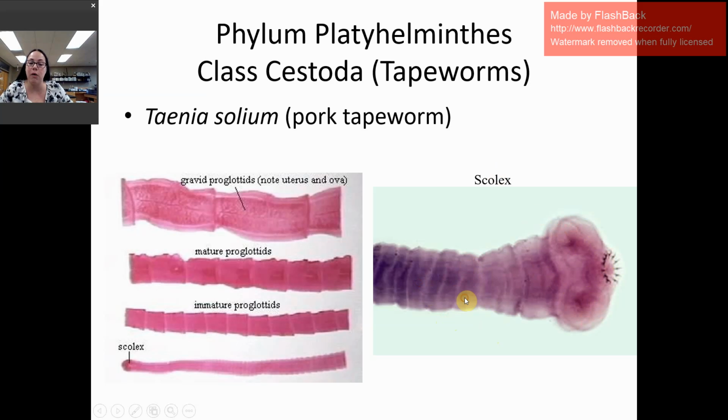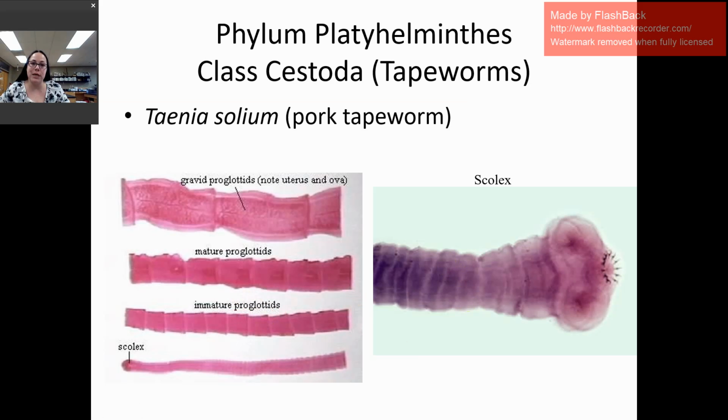So the segments that are close to the scolex are very immature, young segments, and the further away you go from the scolex, the more mature those segments are. There is a specific name for the segments. It's called proglottids, and it's written over here. See, proglottids over here.